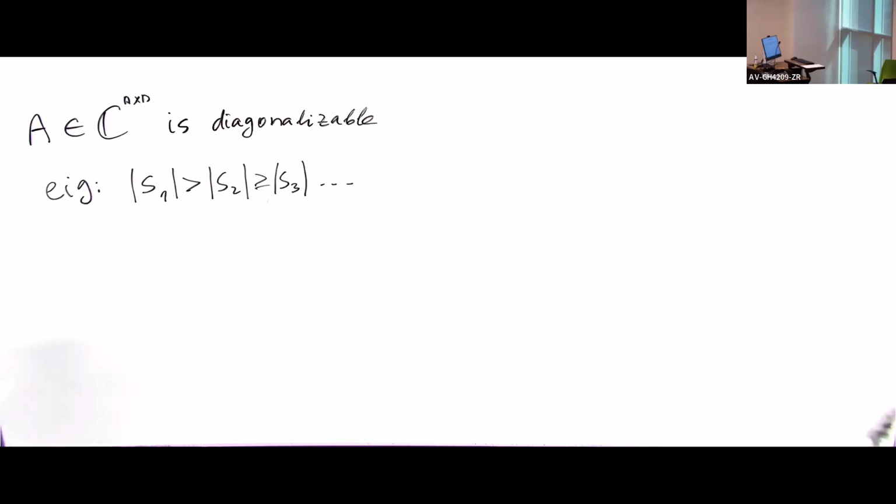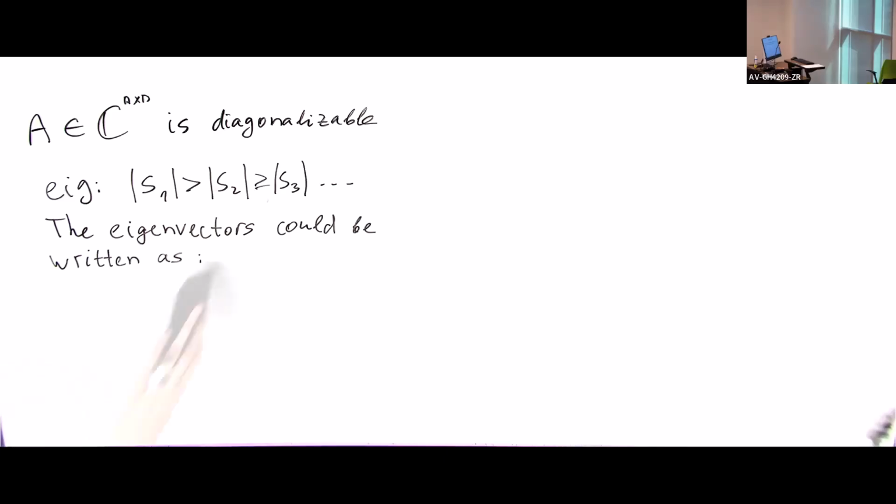So the eigenvectors will be written as the following. Let's simplify. So we have eigenvectors, let's say xi.